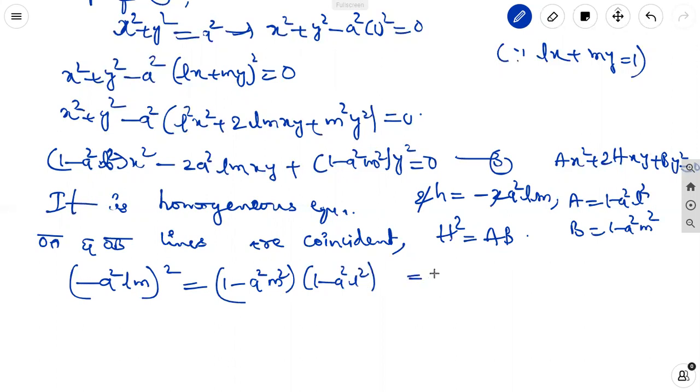Product it: 1 into 1 is 1, minus a square l square, minus a square m square, minus into minus plus a to the power of 4 l square m square.